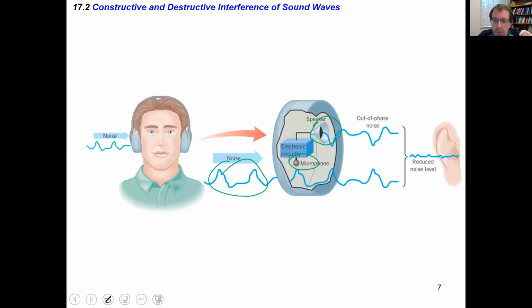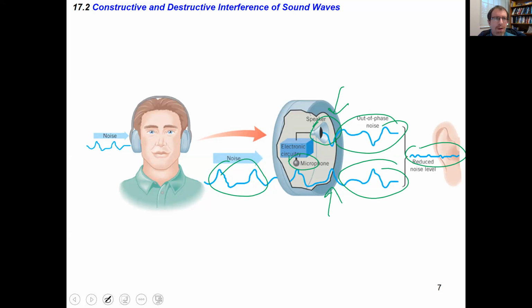And so as a result, we've got two sources of sound here. We've got sound coming from the speaker, and then we've got sound coming from the outside. And then you hopefully can see that when we add these two together, we actually end up mostly canceling out the sound. We probably can't quite get perfect, but it's really kind of cool that we can have two sound sources and they cancel each other out.